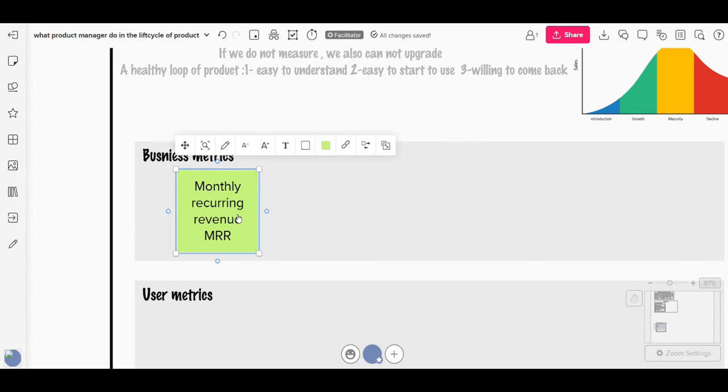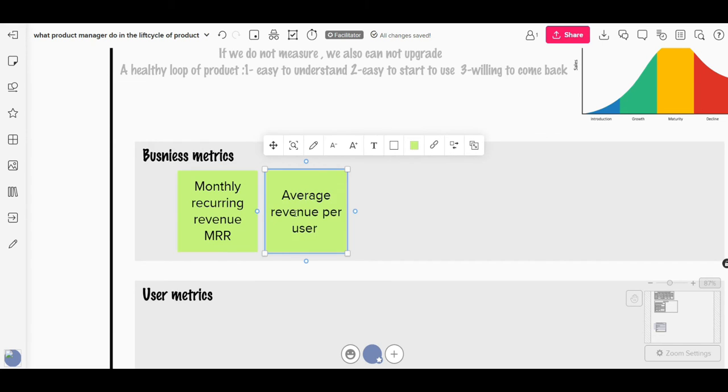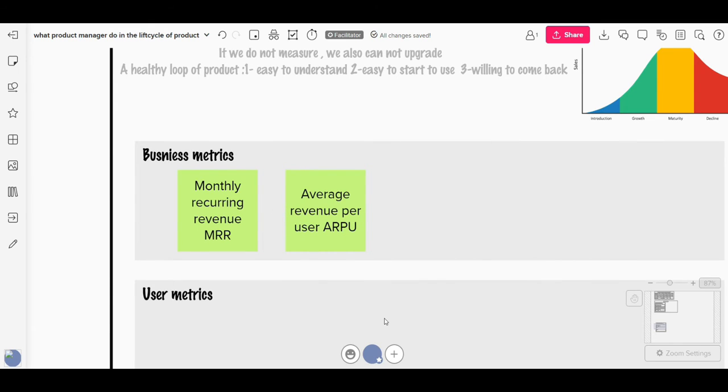Monthly recurring revenue, also called MRR. This metric measures one product's total revenue in one month. Average revenue per user, also ARPU, is the average revenue generated by one user.